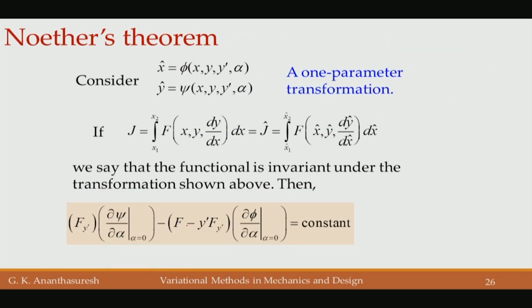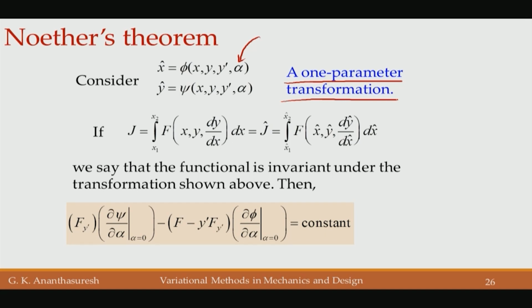Now, what Noether's theorem says is, consider the same x hat, y hat that we discussed in the last slide. Now, also a parameter is introduced, then it becomes a one-parameter transformation. We have parameter alpha.